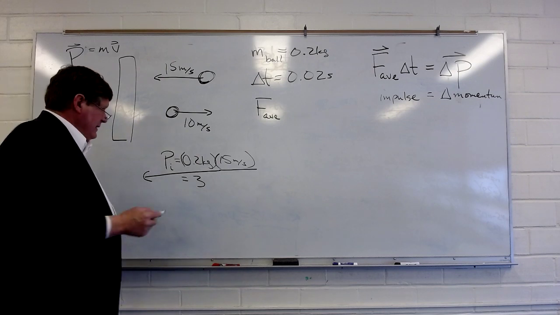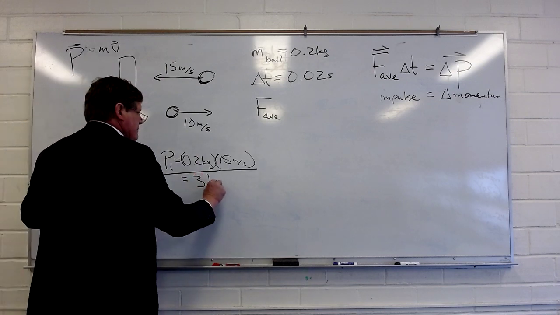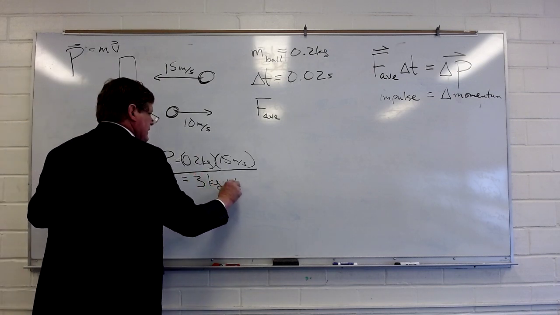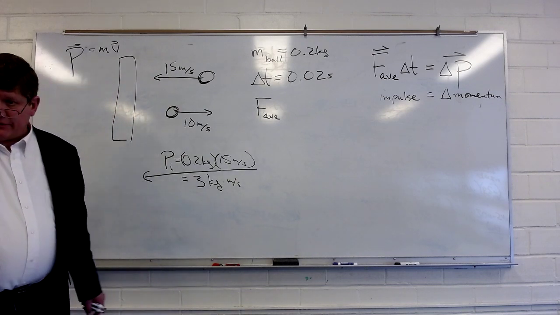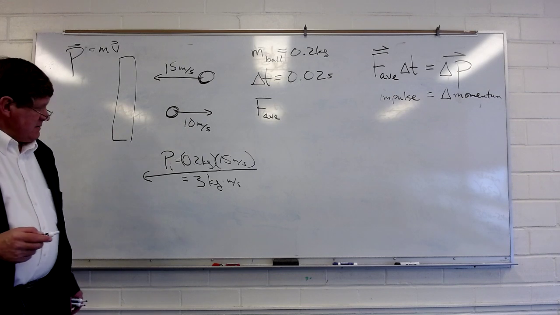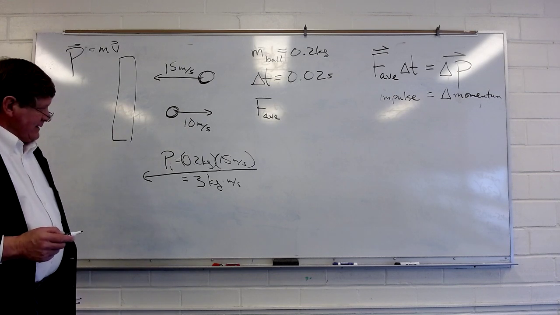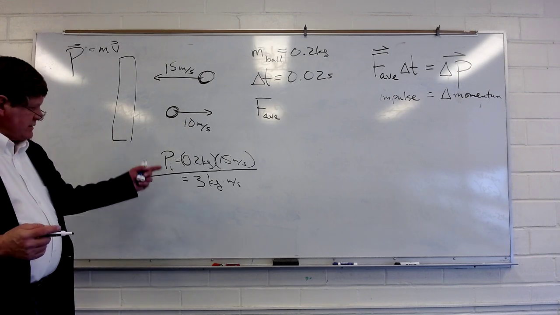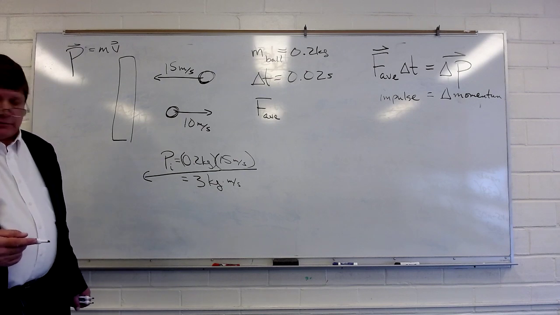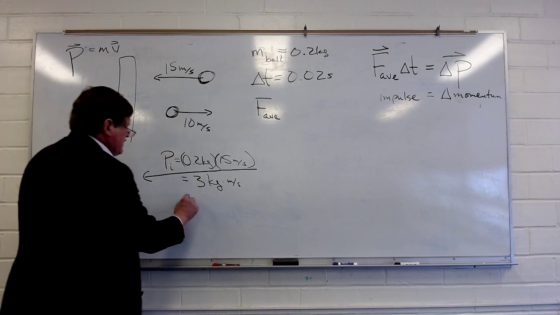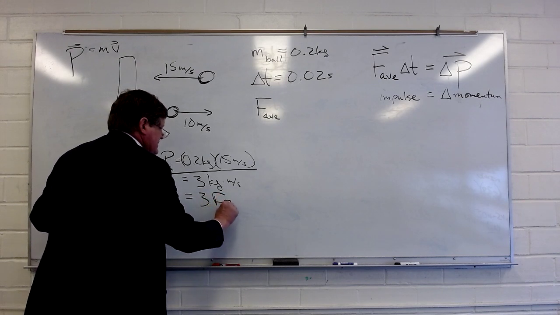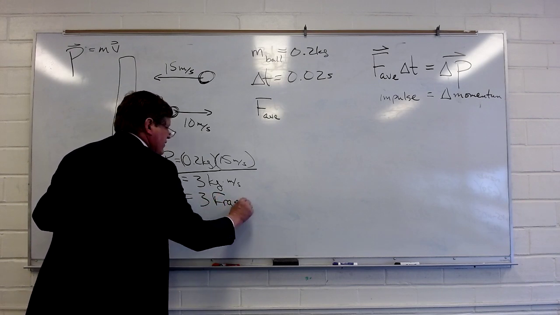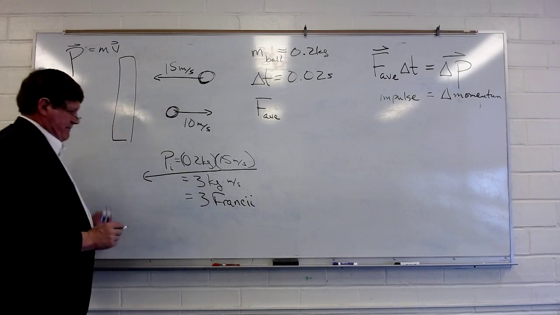Well, 3 kilogram meter per second. Well, what is that combination of units? What do we call that? And as you saw in the lecture, there's just no name that's been given to that. And so I'm going to call it in this class the Franci, okay? So I've got 3 Franci spelled like that.